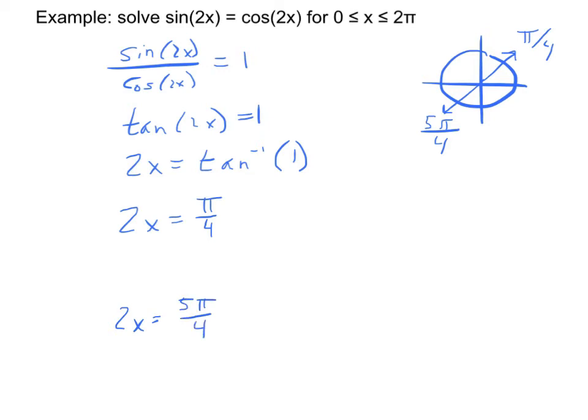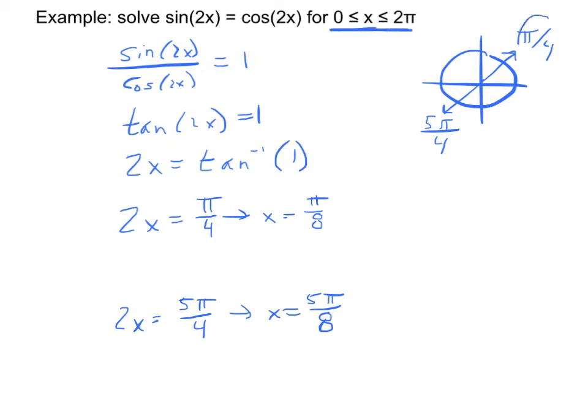Now when I divide both of these by 2, I'm going to end up getting that x is pi/8, and x is 5pi/8. Now, the thing that's interesting about this is that there might be other values on the interval from 0 to 2 pi.